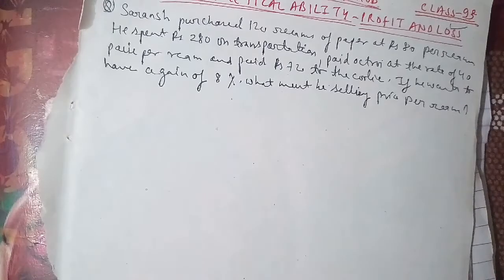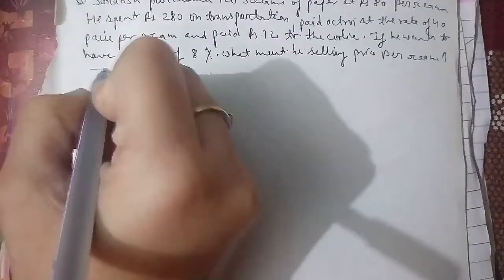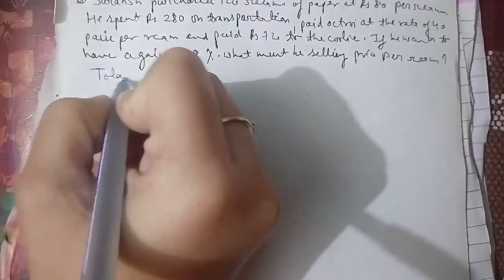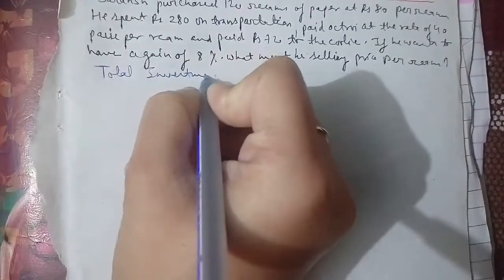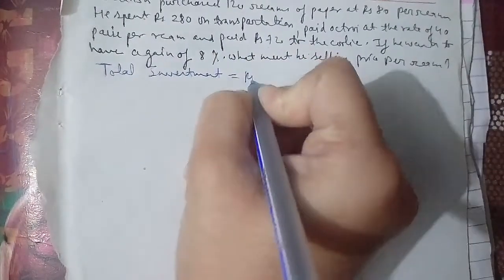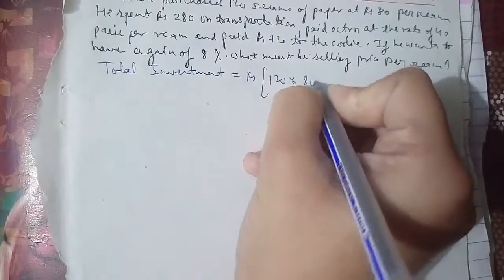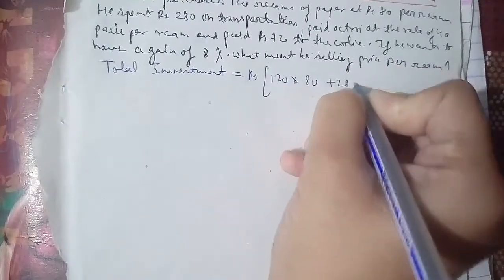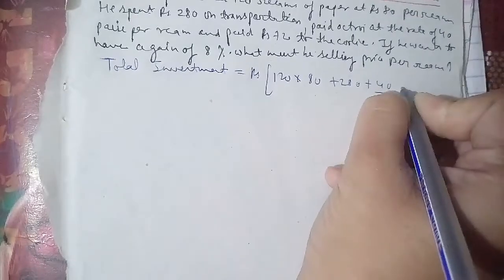So the total investment equals rupees 120 into 80 plus 280 plus 40 upon 100 into 120 plus 72.